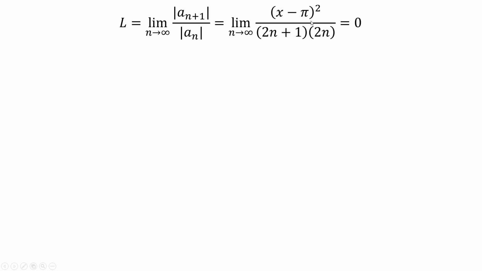The n changing does not affect the top part of the fraction, and at the bottom, this goes to infinity. When n is something like 100, then this is equal to 201 multiplied by 200, which is a very big number. And as n increases, this gets very, very big. So this expression approaches 0.